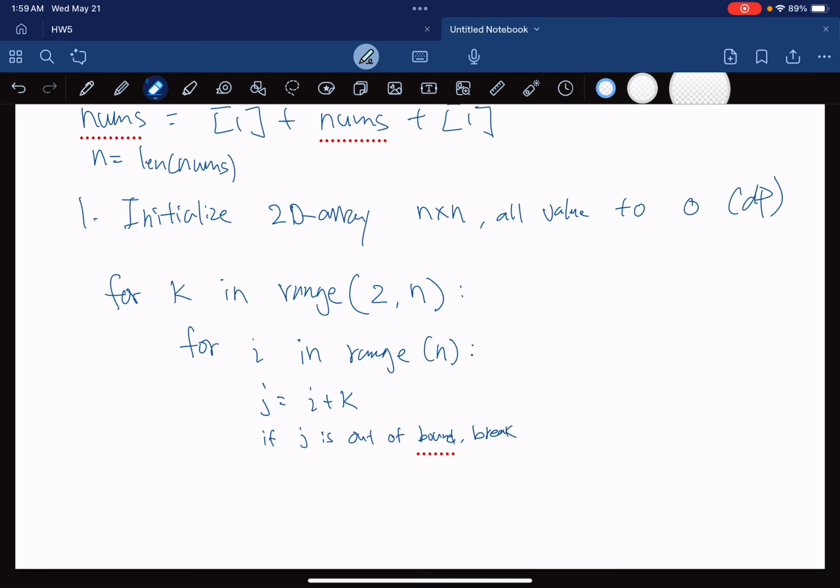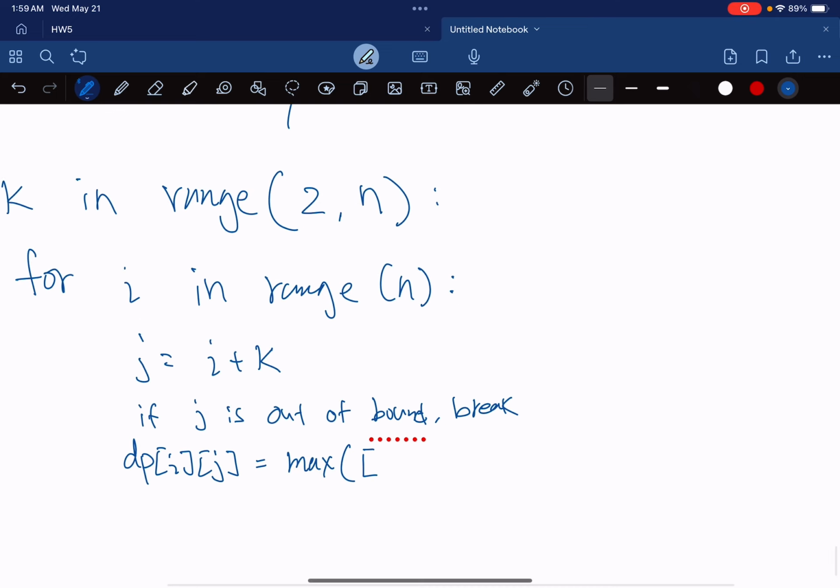So dp ij would equal the max of... so we define a split.